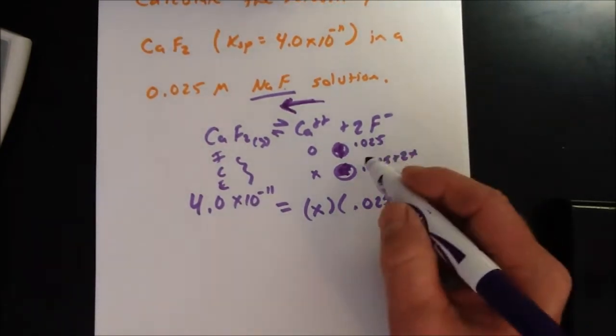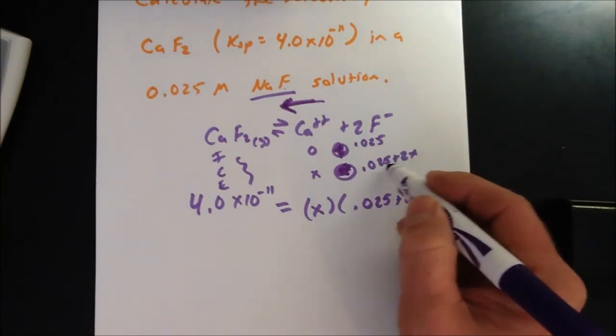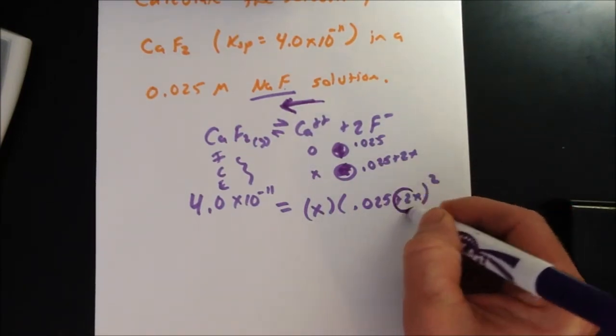Alright, so what I'm getting to here is this 2x compared to the 0.025 is going to be a really, really small amount.